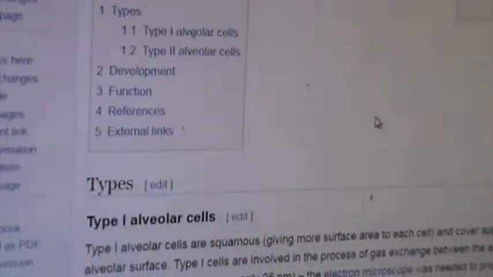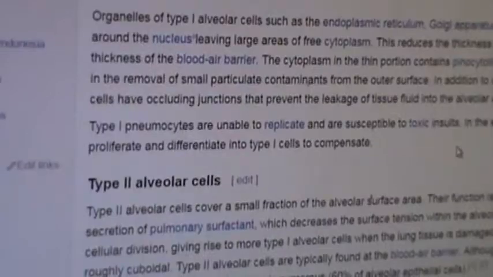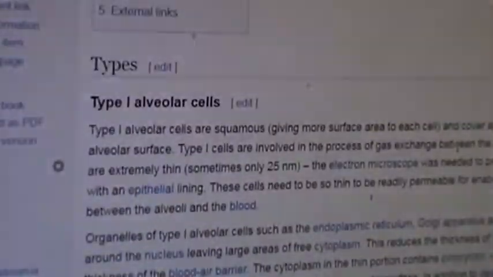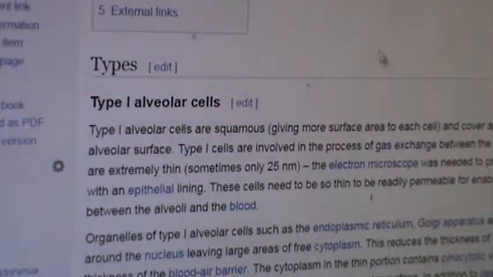And these are in lungs. So type 1 cover approximately 90% of the alveolar surface, gas exchange. That's so crazy how efficient it all is.